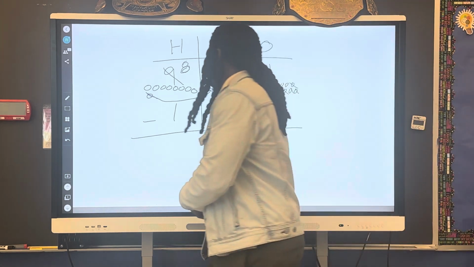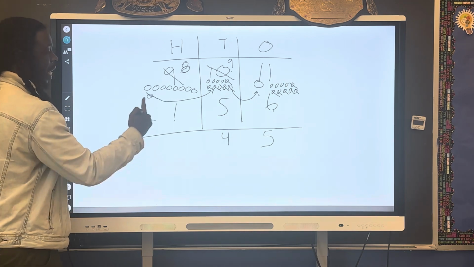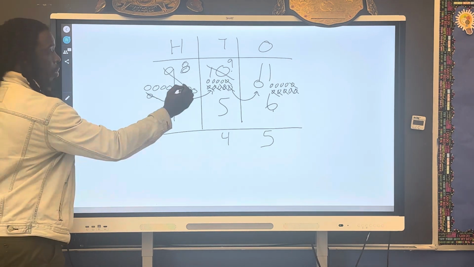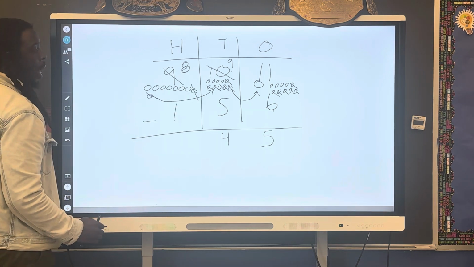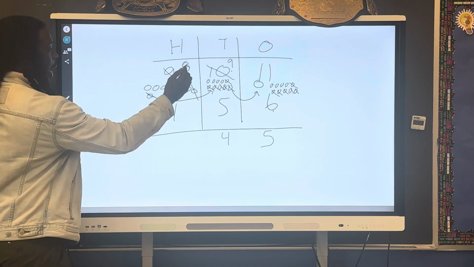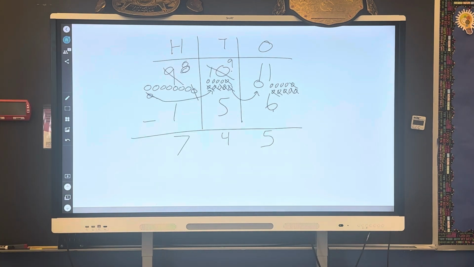Now, going back to this hundreds place, I only have to take away 1. Even though I gave 1 away, I didn't take away 1, so I'm just going to take away 1. Now we know that we have 1, 2, 3, 4, 5, 6, 7 left. 8 minus 1 is 7, and that was our answer.